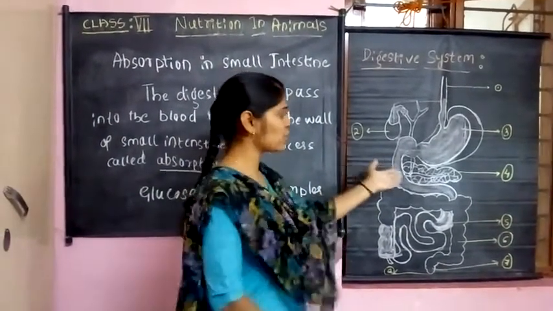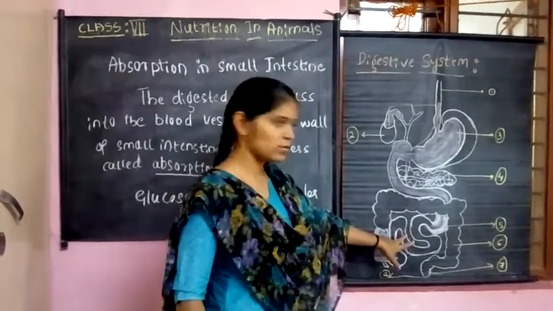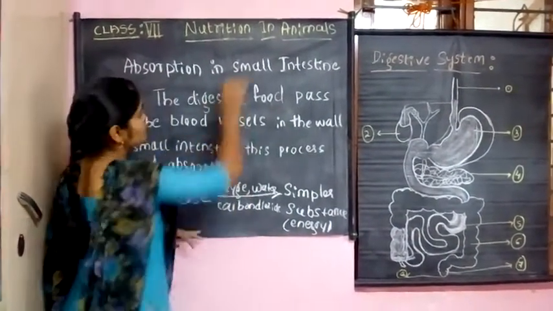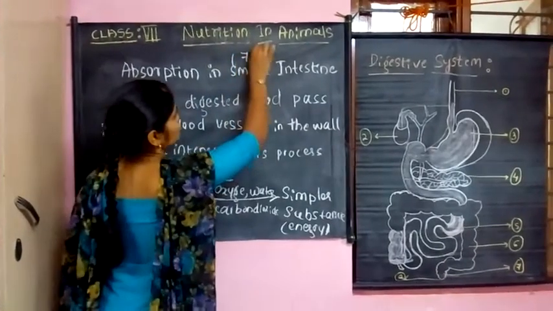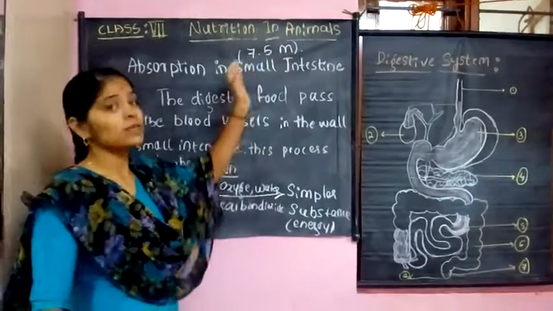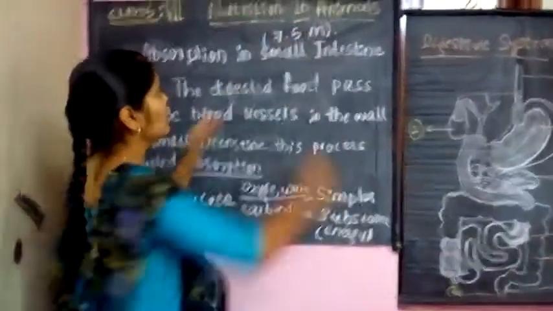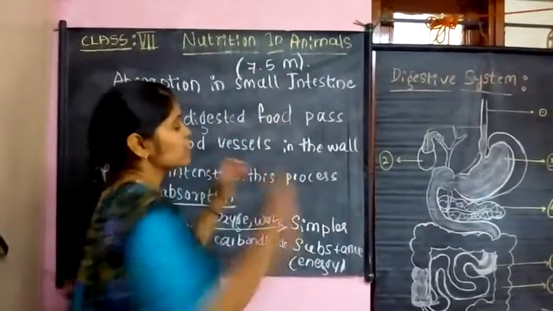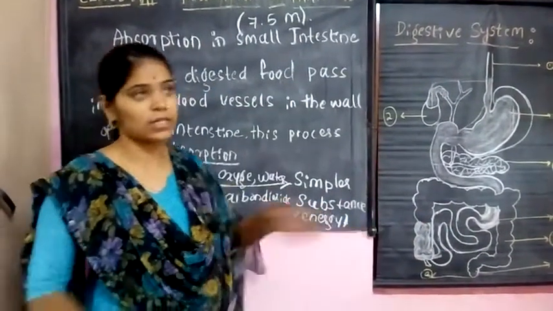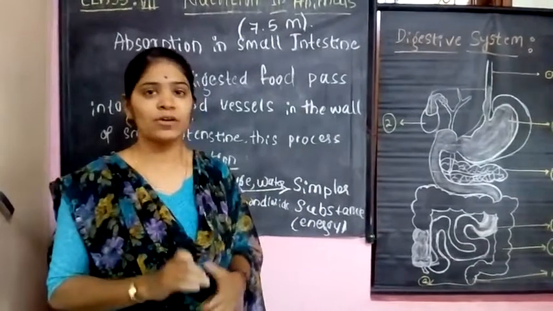What is the length of the small intestine? The length of the small intestine is approximately 7.5 meters, and the large intestine is shorter, approximately 1.5 meters.